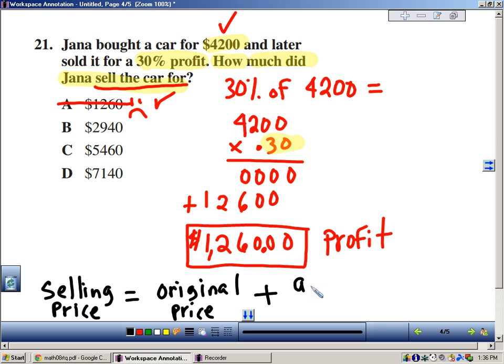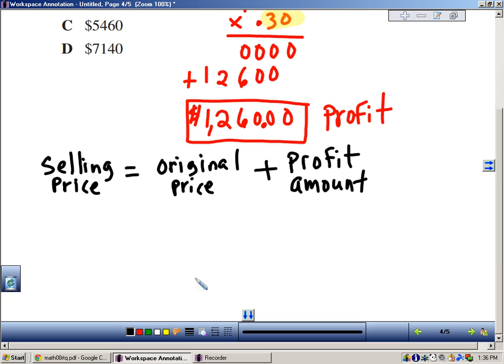You add, not subtract. This is not a sale where you're buying something at a discount. You are adding to the original price, so that you make money, right? So the original price is $4,200. The profit that you want to make is $1,260, and adding that amount.